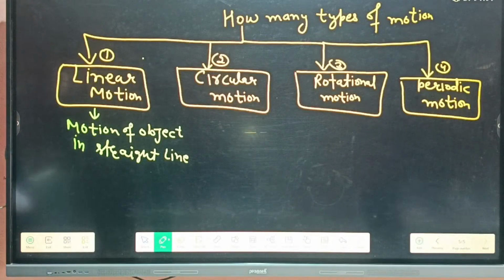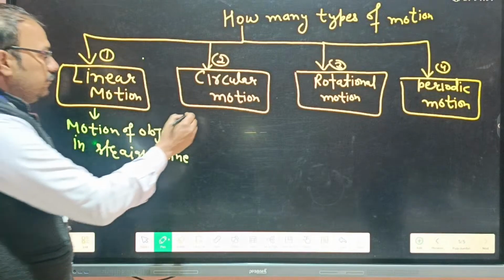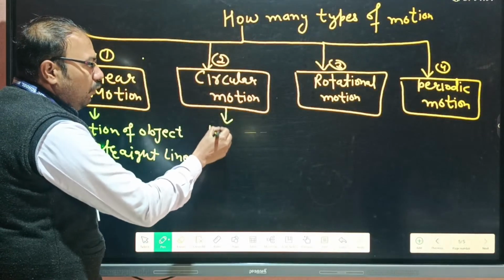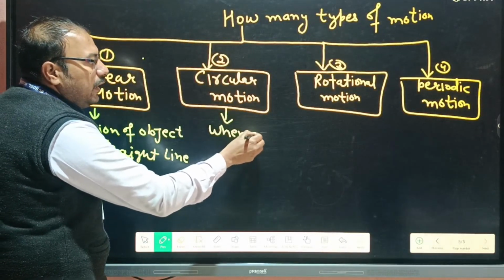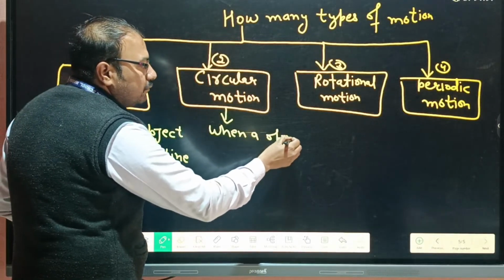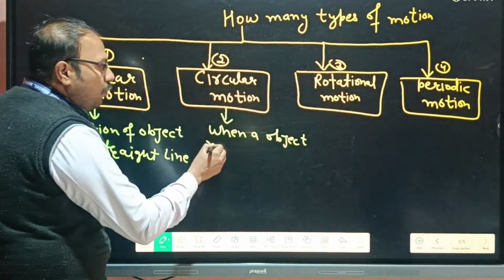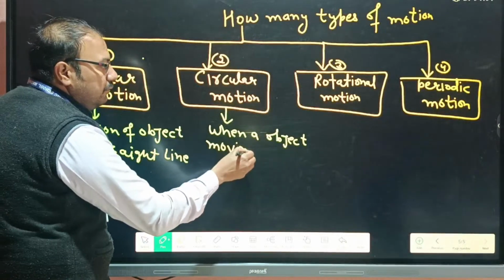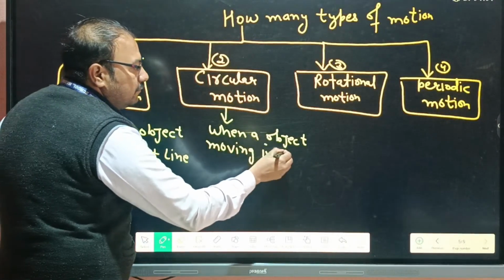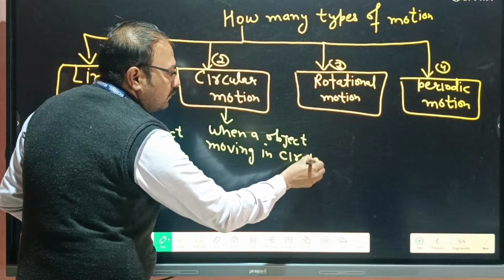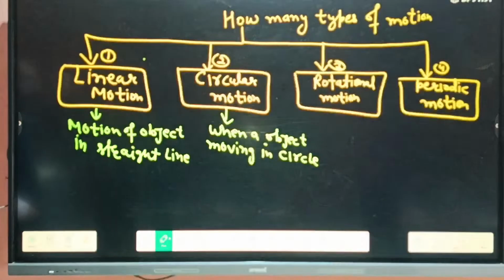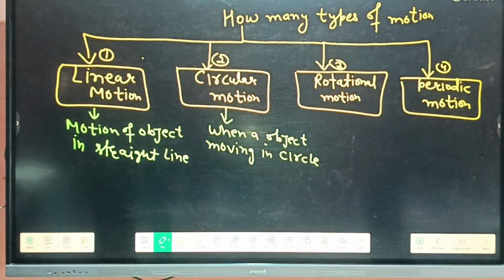And second, what is circular motion? When an object is moving in a circle, this is known as circular motion.